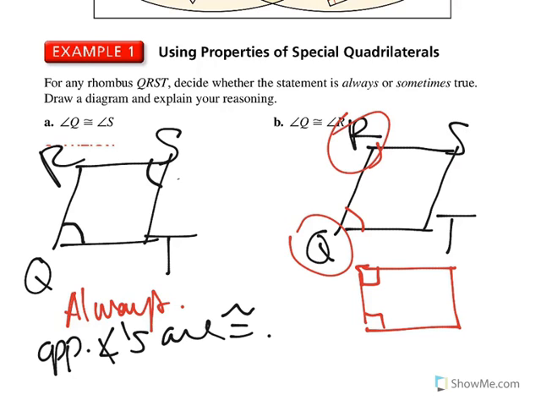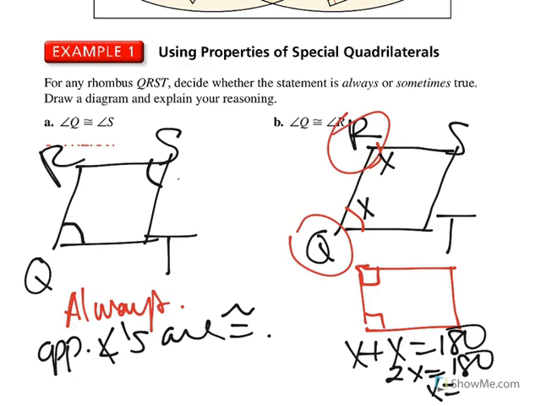And if you have this being x and that being x, you have x plus x equals 180, 2x equals 180, so that way x would have to be 90. And the only time that's going to happen is when they're 90 degree angles. Well, that's not always, that's just sometimes.